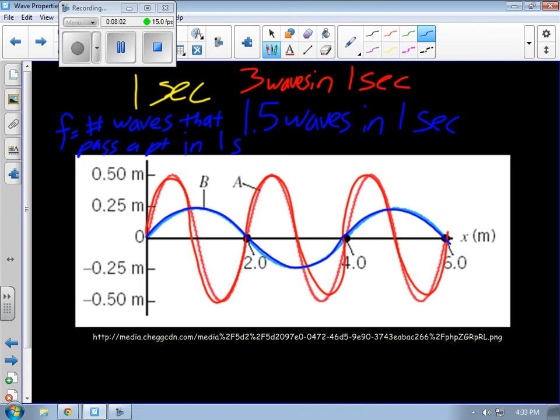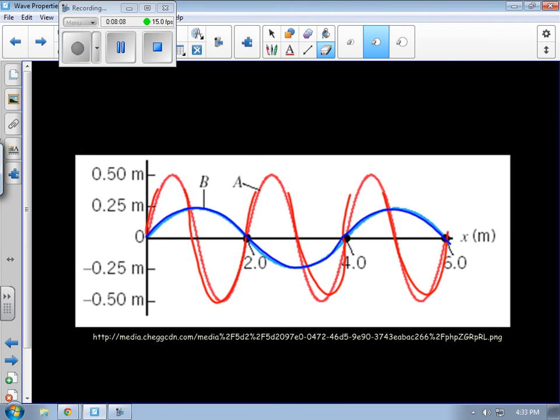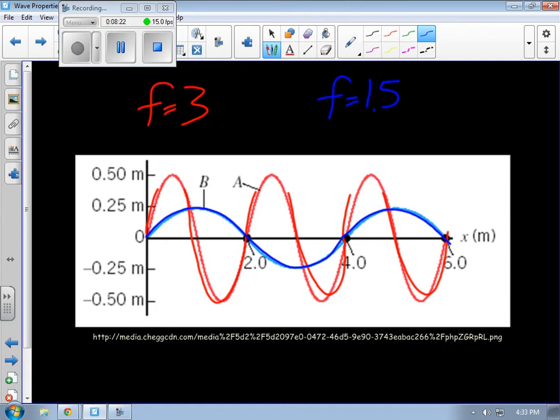So like we said, our red wave has a frequency of 3, and our blue wave has a frequency of 1.5. And for frequency, instead of saying waves per second, we can just say hertz. So our red wave has a frequency of 3 hertz, and our blue wave has a frequency of 1.5 hertz.